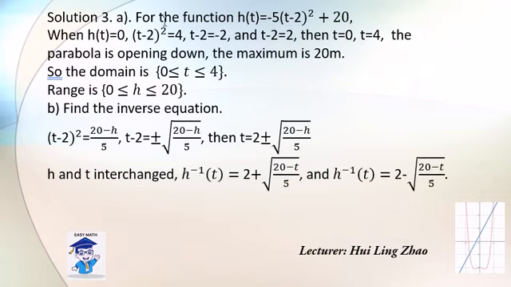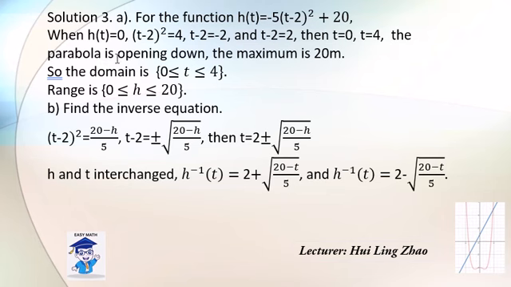And solution number A, for the function h equal negative 5 times the perfect square of t minus 2 plus 20. When h equals 0, we can get t. There are two t values. One is 0, one is 4.